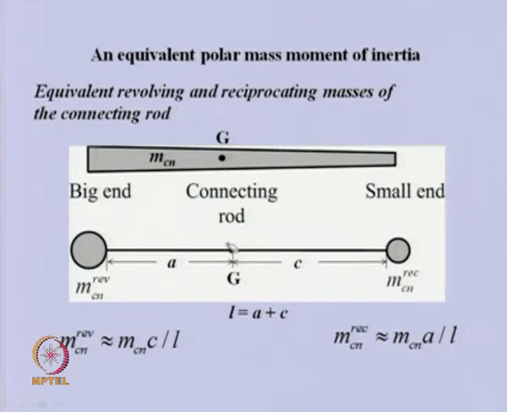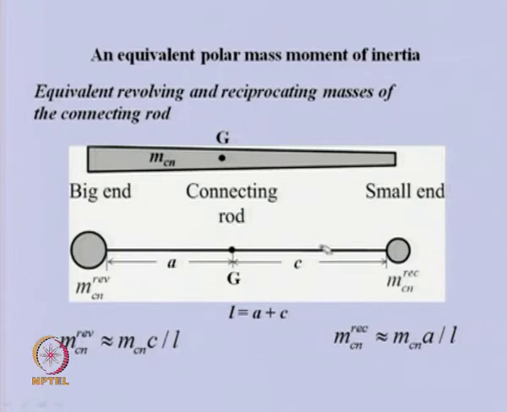These 2 masses can be obtained by simple relations. If the center of gravity of the system is at G, where A is the distance from one end to G and C is the distance from G to the other end, the total distance is L, that means A plus C is L. Approximately, this mass will be given as total mass of the connecting rod times C divided by L. Similarly, this mass will be given as total mass of the connecting rod times A divided by L. This is an approximate relation, obtained by ensuring that the center of gravity of these 2 systems is the same.